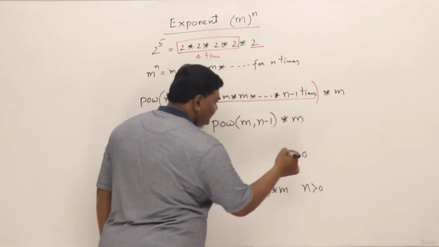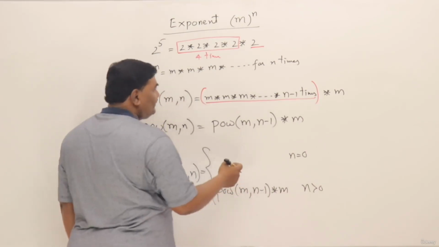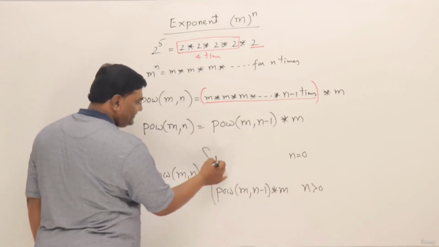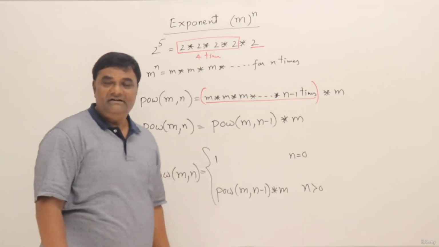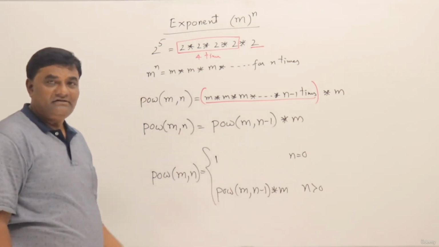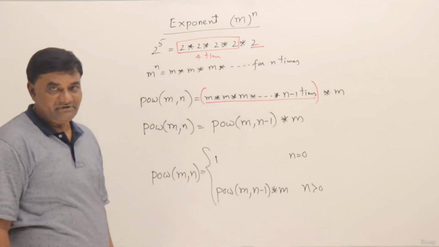When n is equal to 0, as it is a product, it should return 1. So the minimum value is 1. For this mathematical definition, I can write a recursive function using C or C++.